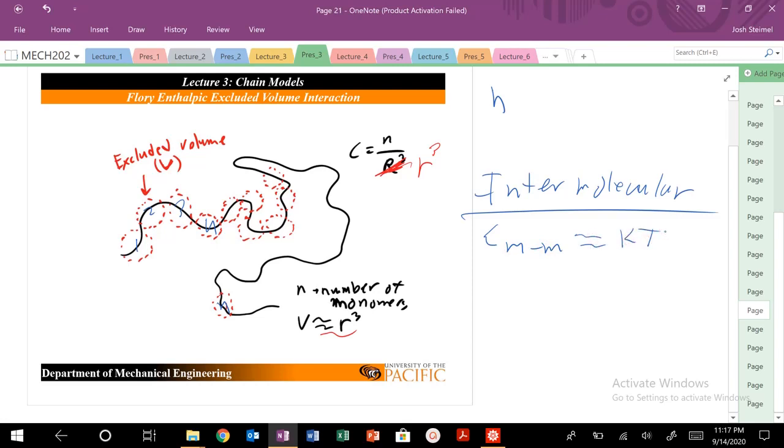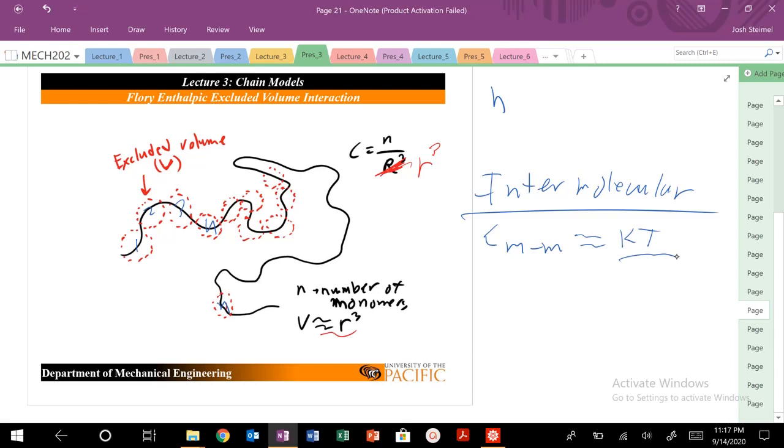When a monomer bumps into another and they interact, as the polymer fluctuates and is dynamic, those interactions are going to be on the order of kT when they collide, or try to occupy the volume of one another, or run into each other. Those are the intermolecular interactions that occur.